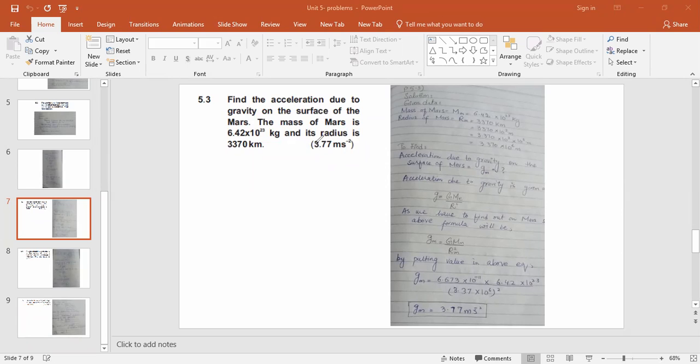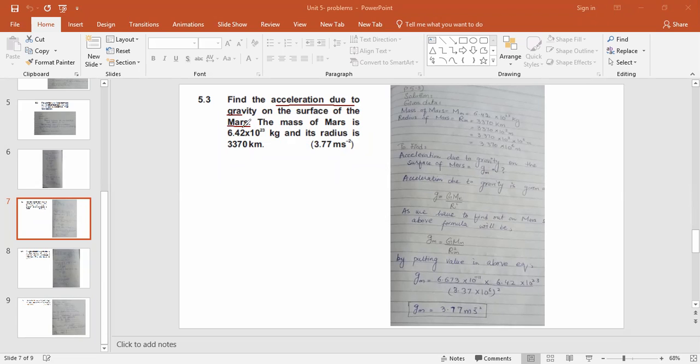So, class, in the data, what is given to us? First of all, they have clearly mentioned in the problem that we have to find out the acceleration due to gravity, which we represent with small g, but this is on the surface of Mars. This is the other planet, other than Earth and Moon.